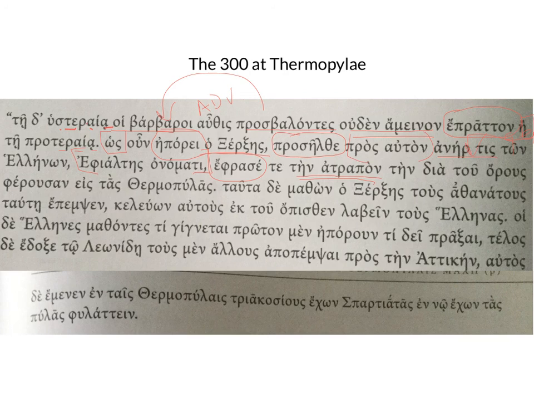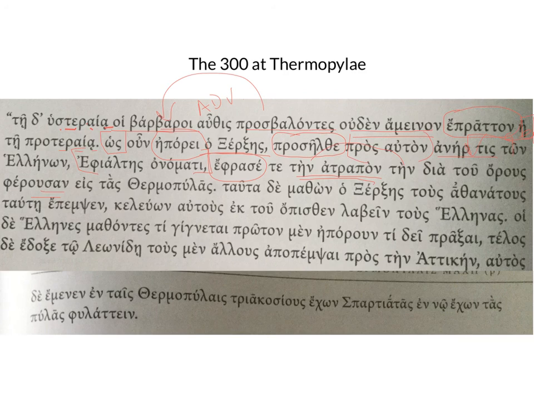And then, a repeated article construction. Ephialtes pointed out the path, the one pherusan. Another accusative, accusative participle. This is a present participle. It's feminine, accusative and singular, so modifying atrapon.